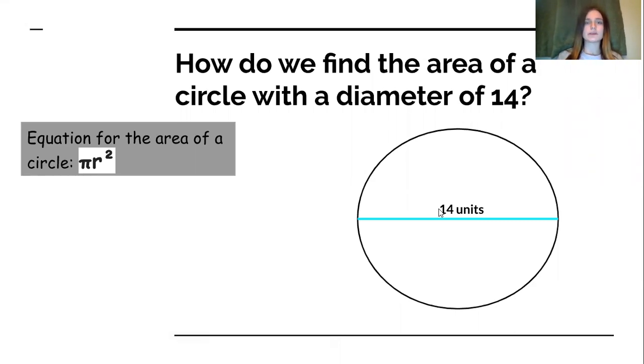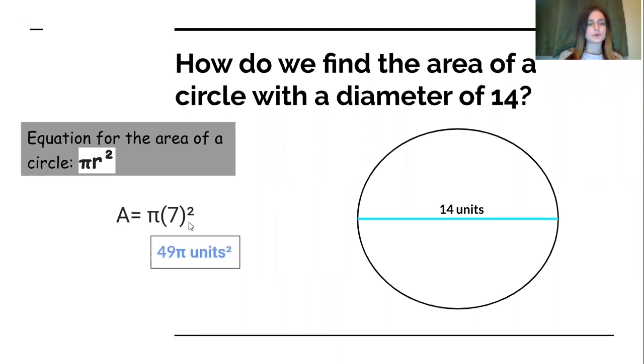So since our diameter is 14, we would do 14 divided by 2, which is equal to 7. Then we would plug in 7 into our equation. So area equals pi times 7 squared is equal to 49 pi units squared, and this is our area.